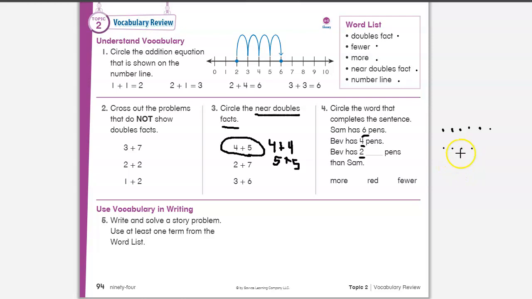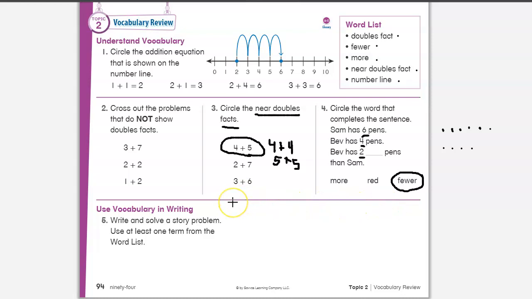Does Bev have more or fewer pens than Sam? Bev has 2 fewer pens than Sam. Sam has 6 and she has 4. So she has 2 fewer or less than Sam.